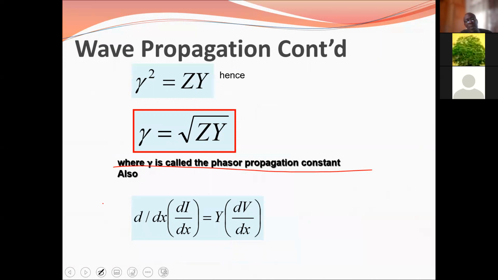So we'll come back to gamma in a few minutes. What I want, however, to go on to is to look at, so we have done the analysis from the voltage standpoint. We want to do it, so to speak, from the current standpoint.